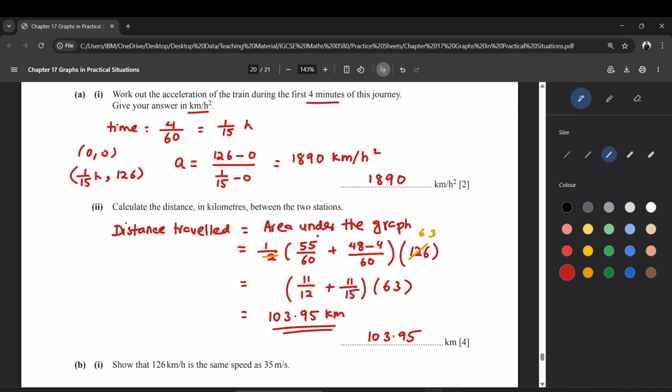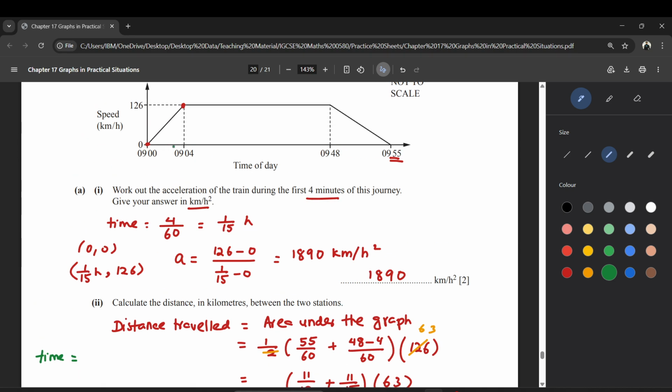Now if it feels a bit confusing, what we can also do is look at the time, this one and this one. Let's start with this one. This is 55 minutes, right?